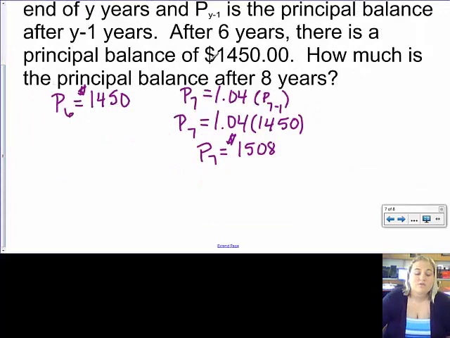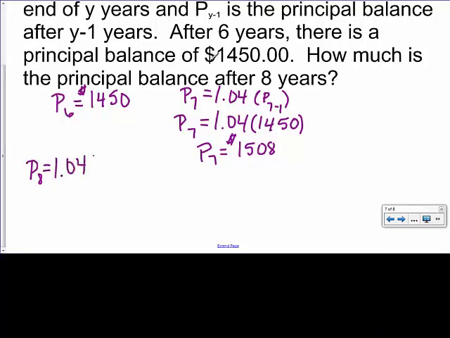And what I'm going to do is take this and use it to find P sub 8, because that's what I really want. I want to know after 8 years. So I know that the formula for P sub 8 would be equal to 1.04 times the quantity of P sub 8 minus 1. Well, P sub 8 minus 1 is the same as saying P sub 7, which I now know. So I'm going to take this value and plug it in here.